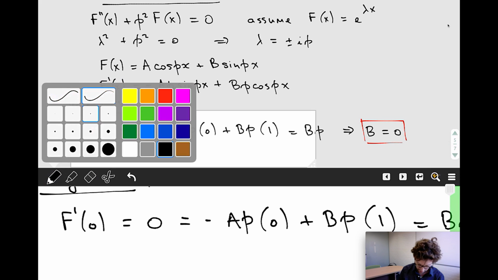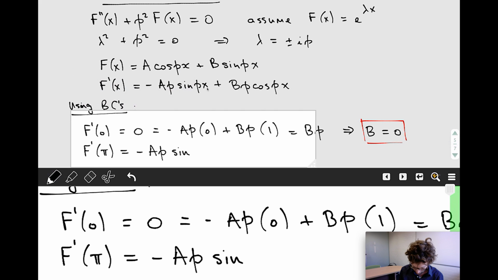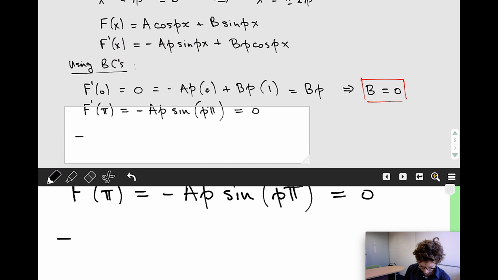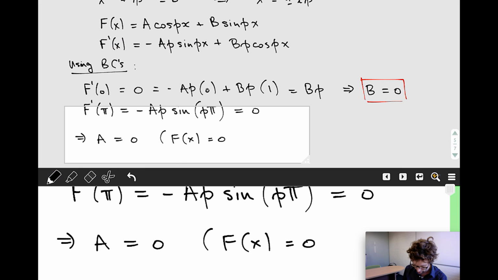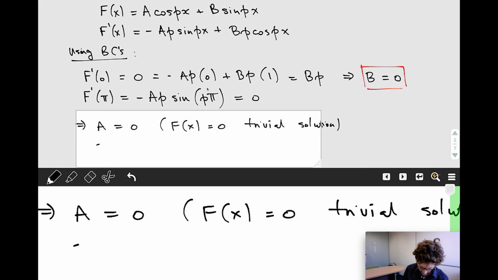At x is equal to pi, we substitute in x is equal to pi in here, so I get minus a p sine p times pi, and this is all equal to 0, which implies that either a is equal to 0, but again that would give me f of x is equal to 0 and the trivial solution, or we have that sine p times pi is equal to 0.